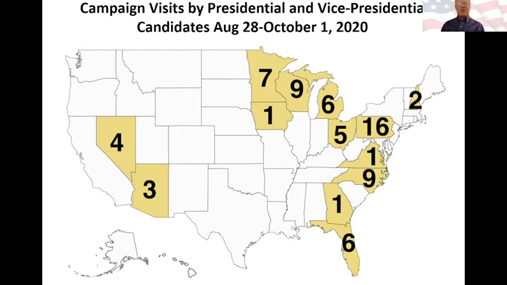Instead, we hear a lot about fracking. Why? Look at Pennsylvania. You see 16 visits there because that is the swingiest of swing states, and fracking is an important issue there. Similarly, the issue of Cuba is very important because there are a lot of Cuban Americans who live in Florida.